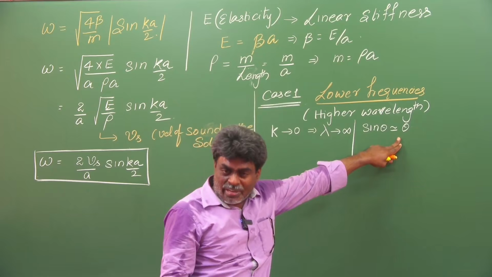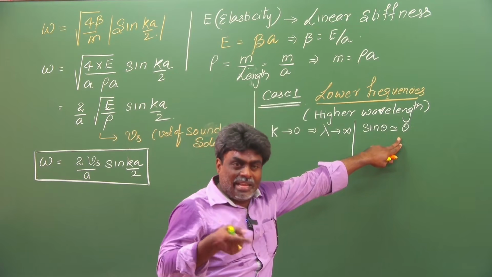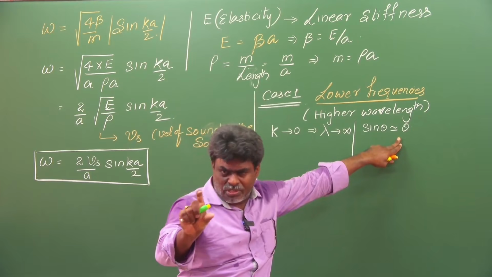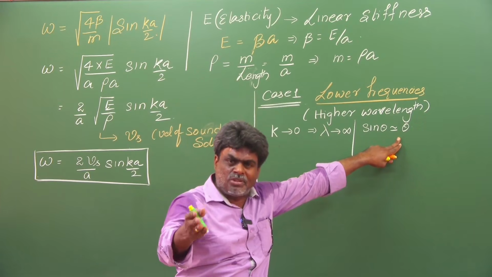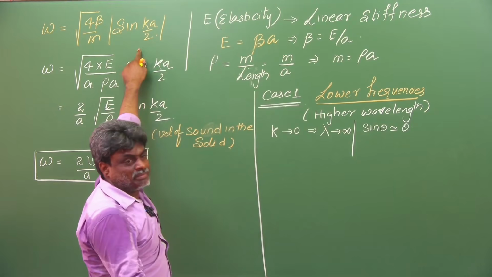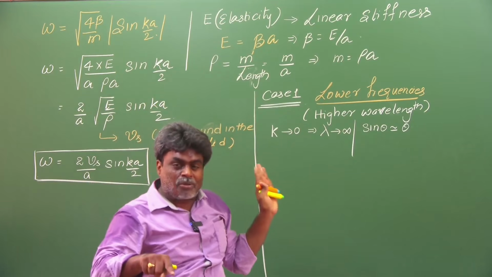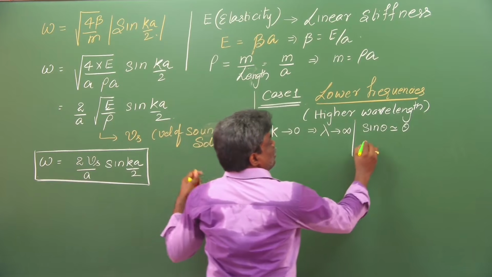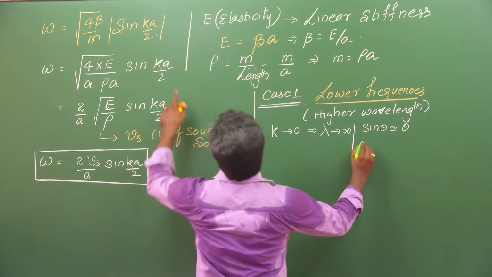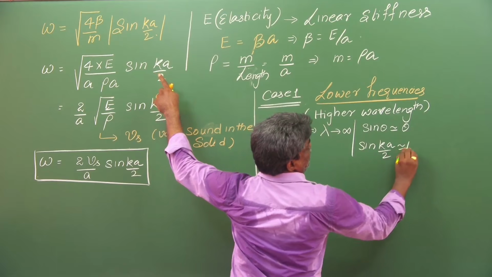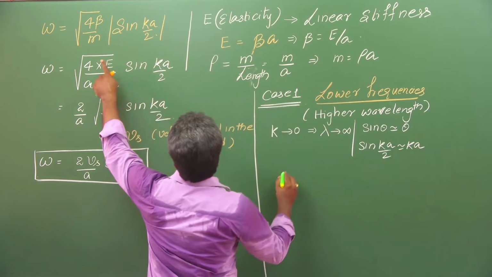If I take theta as 0, sin theta is 0, and then my frequency becomes 0. That's why I should not take that approximation. I have to go for the next approximation, so sin theta is nearly equal to theta. That's why sin ka by 2 is nearly equal to ka by 2.